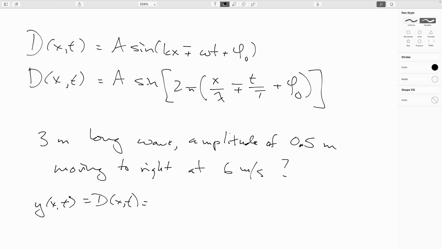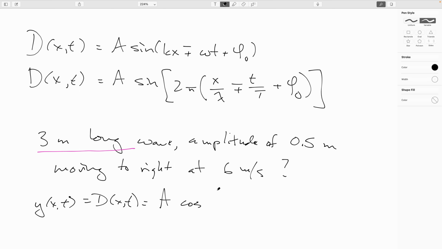Now here, since I've been directly given the phrase 3 meters long, I am inclined to use the second form that has the 2 pi's sitting out there. So let me just write that down.